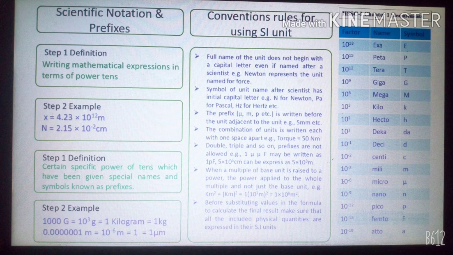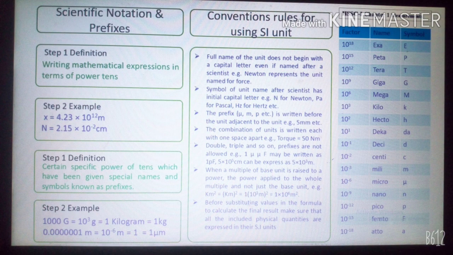And similarly, when a multiple of a base unit is raised to a power, the power applies to the whole multiple, not just the base unit. Example, km square is equal to kilometer whole square, and 1 multiplied by 10 power 3 meter whole square is equal to 1 multiplied by 10 power 6 meter square.